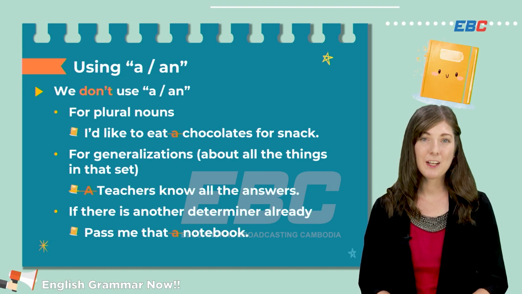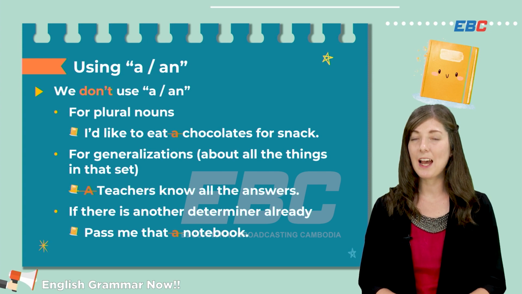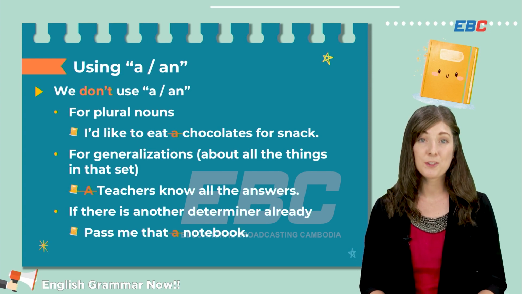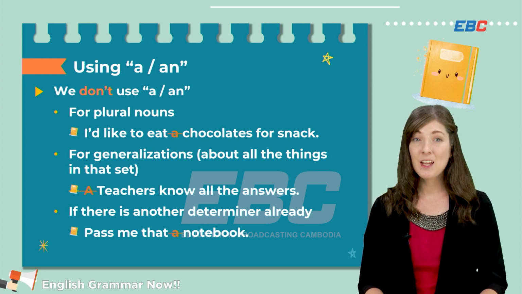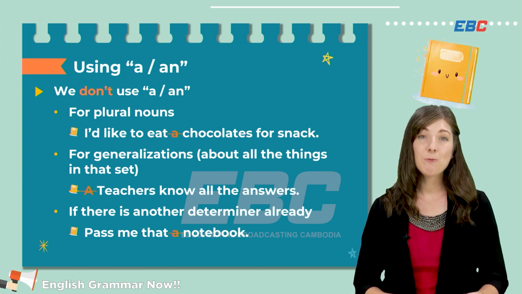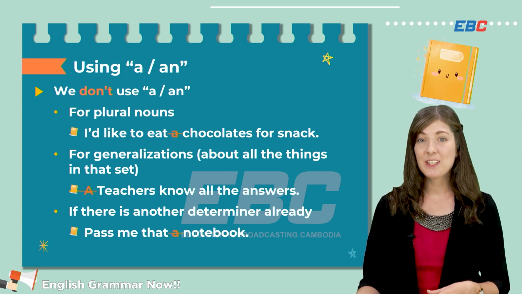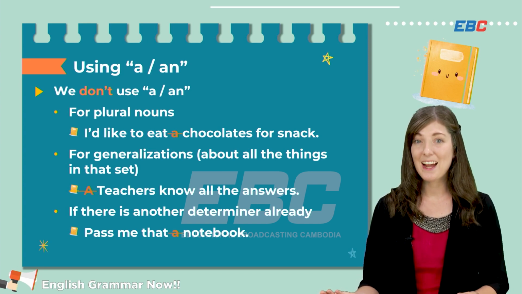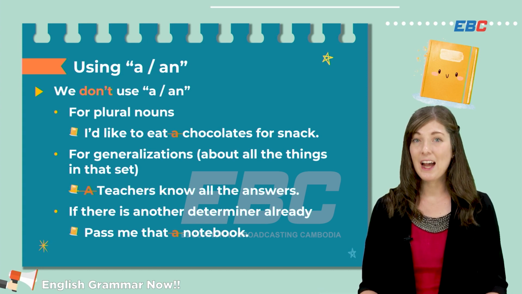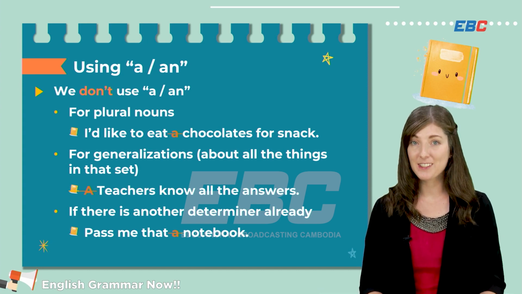Now, we have to be careful because we can't use a or an in all circumstances. In fact, we cannot use it if we're talking about a plural noun. So, in this sentence, I'd like to eat chocolates for snack. We could not put a or an in front of chocolates because there's more than one.